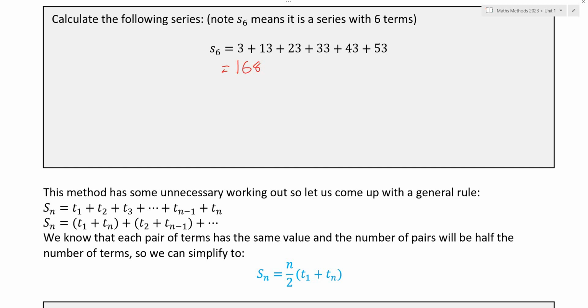If you had 50 terms, you'd find what the first and last add up to, times it by 25. If you had 100 terms, times it by 50. If you had 1,000 terms, times it by 500. So you group up your first and last, second and second last, third and third last.